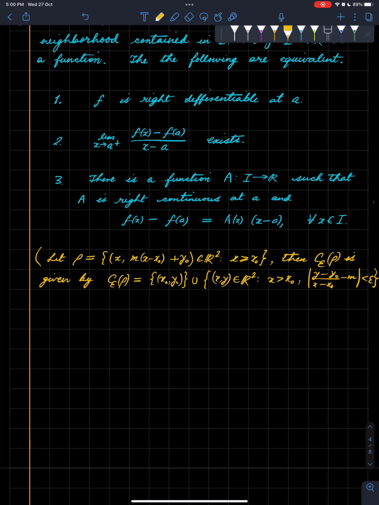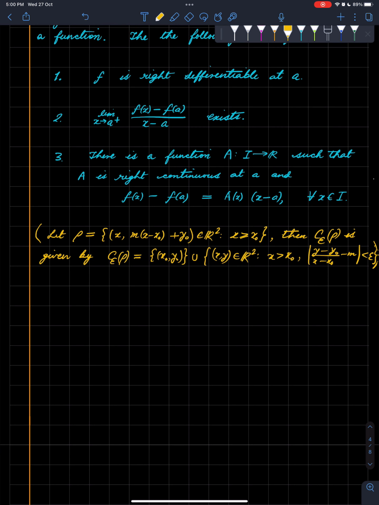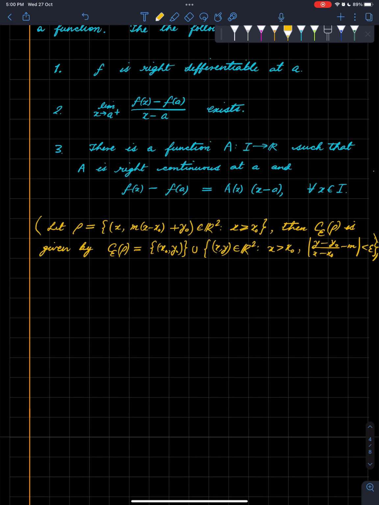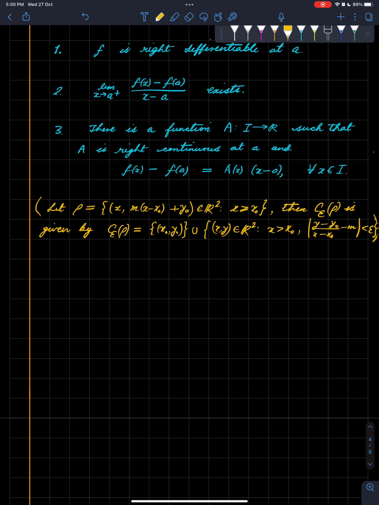So this was a very simple exercise that I gave last time as a problem, and we'll use it. There's not much in here, but I have to state it just for the peace of my mind.